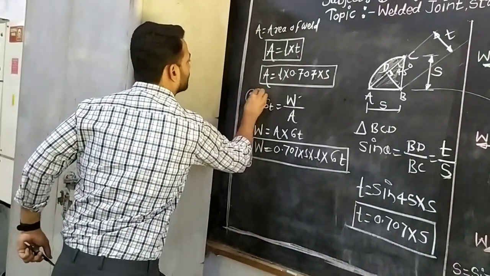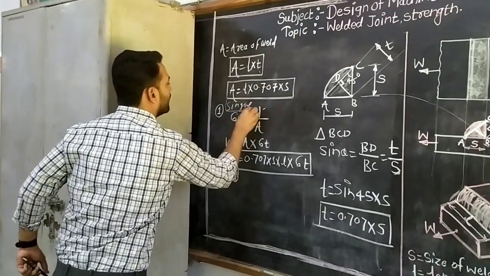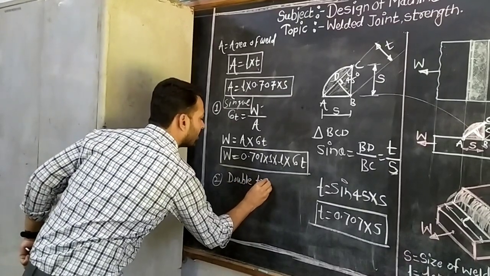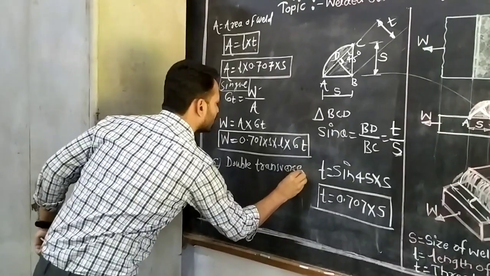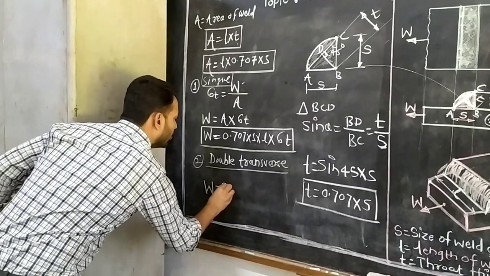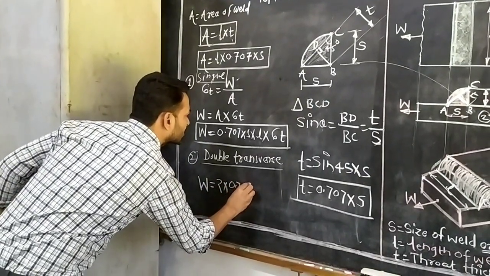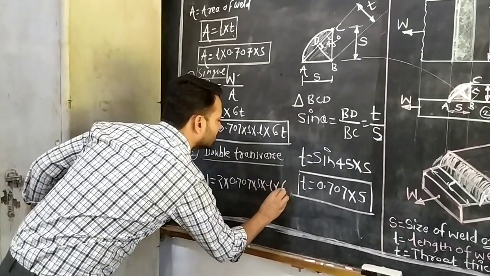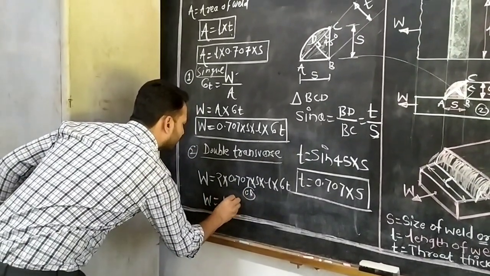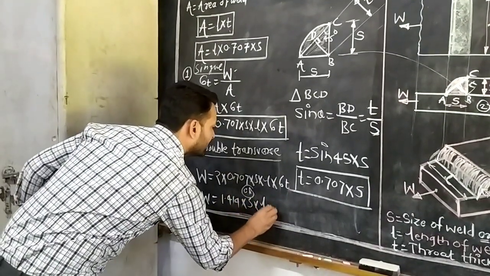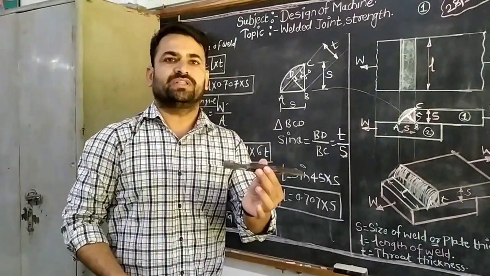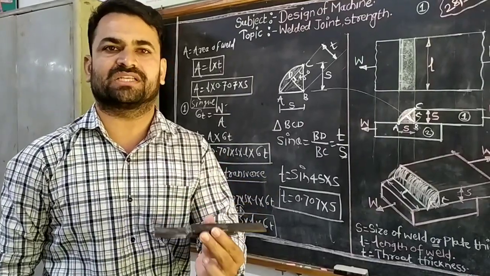This is for single, and for double transverse fillet weld, W will be equal to 2 multiplied by 0.707 multiplied by S multiplied by L multiplied by sigma T, or you can write W equal to 1.414 multiplied by S multiplied by L multiplied by sigma T. So this is how we practically find the strength carrying capacity of single and double transverse fillet weld.